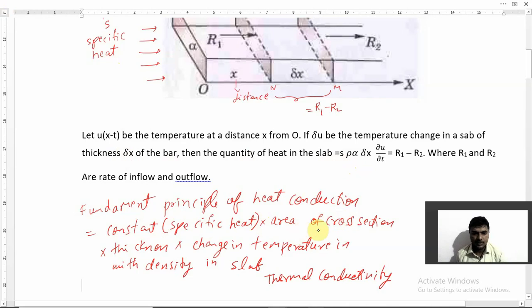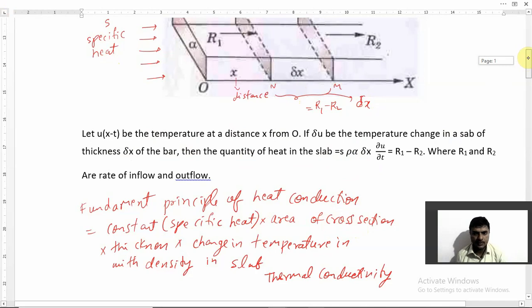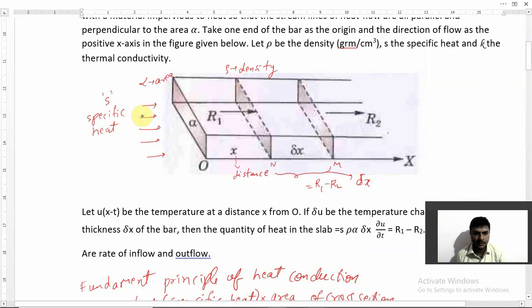Next we are going to take the cross section area. So this area I am going to take, and delta x, so I have to multiply that term. The thickness I have taken here as alpha. Alpha is the thickness, cross section area, that I am going to multiply.